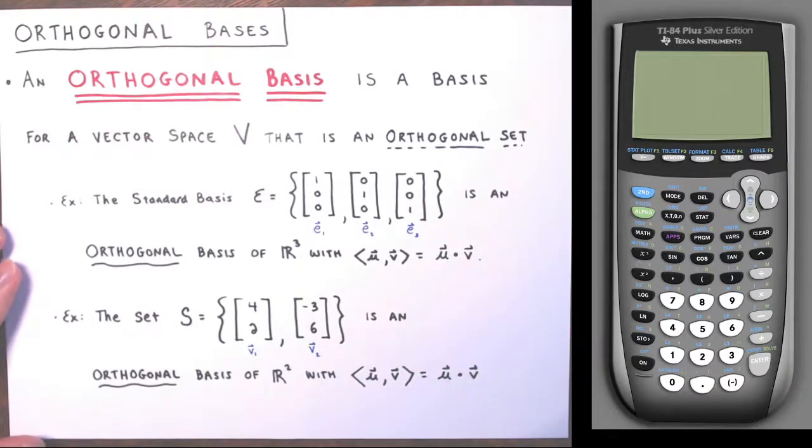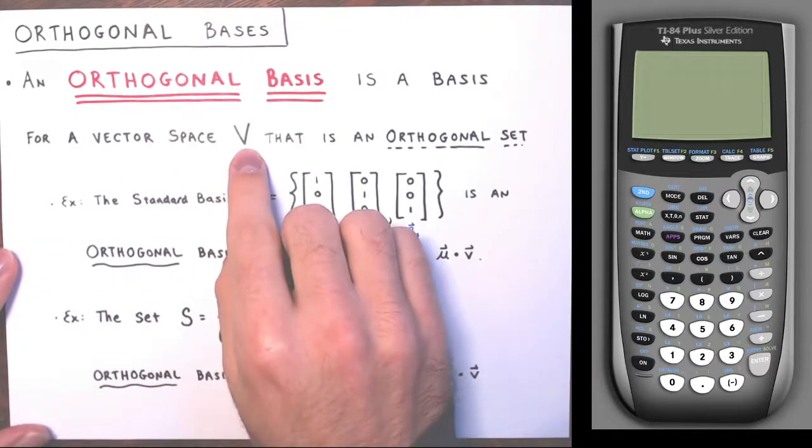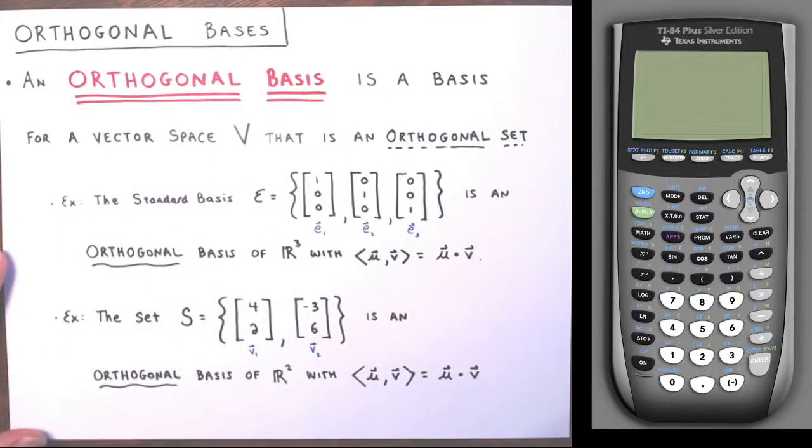Simple as that. So it's a basis, meaning it spans V: every vector in V can be written as a linear combination of the vectors in the set. Also, the set is linearly independent, and what we're going to see later is that every orthogonal set of vectors is going to be linearly independent.